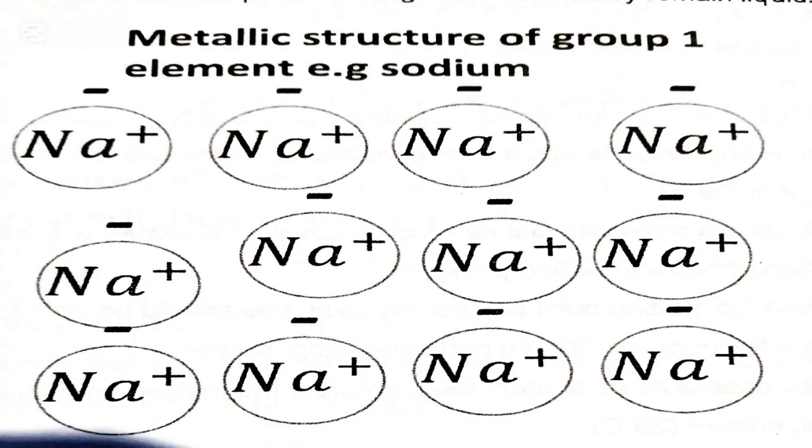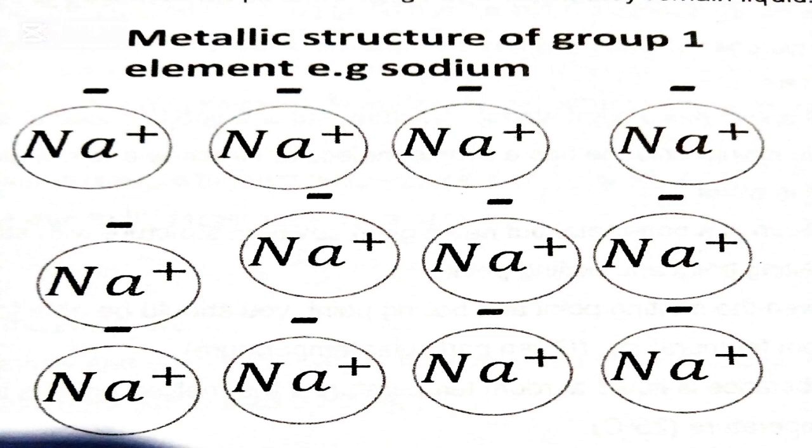Then we have the metallic structure of sodium also. We know sodium belongs to group 1 with one valency electron. Now you notice that the valency electron is delocalized; it is not in the nucleus.